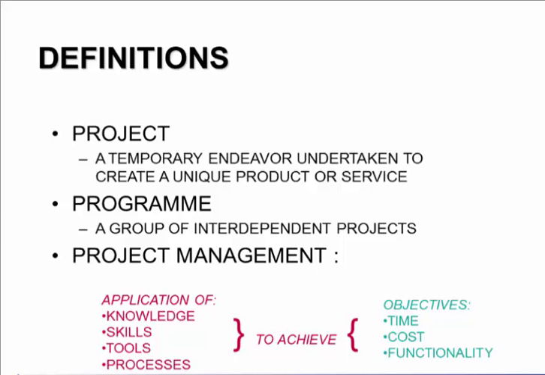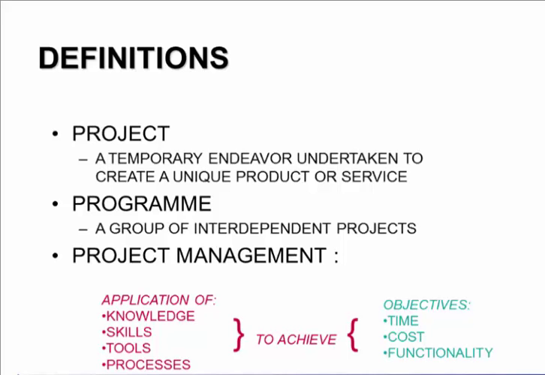Now, the outcomes are objectives that should be fairly well defined, and they should be defined in at least 3 quality measures. And the quality measures being performance or functionality, the time by which it needs to be produced or needs to have resource expended to it, and the cost, which is the task cost.